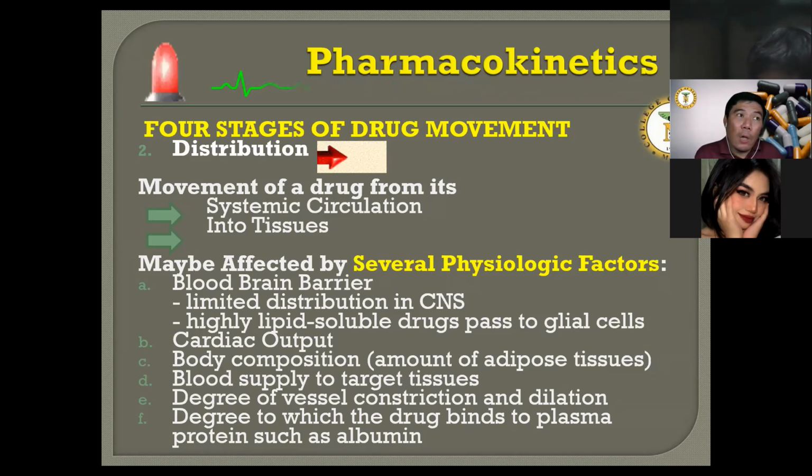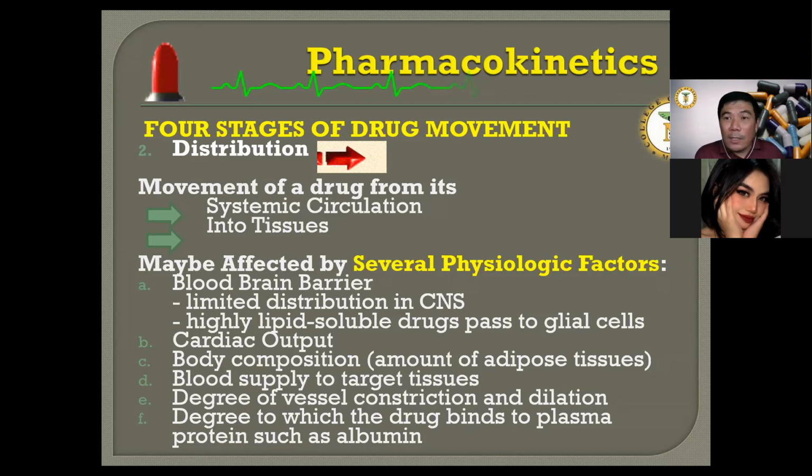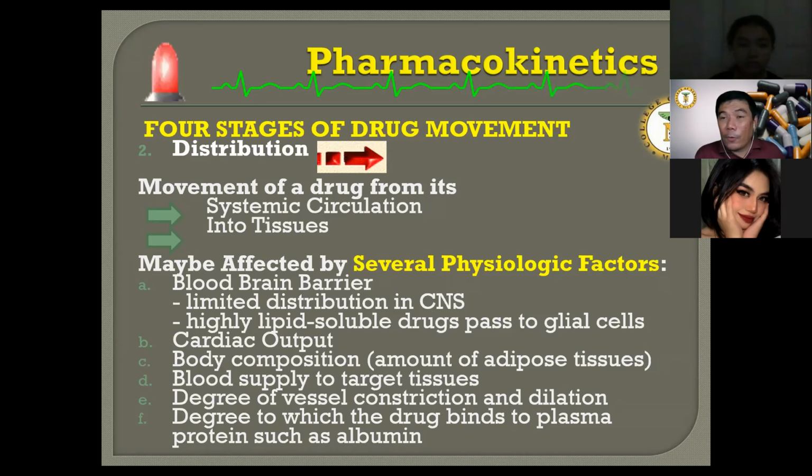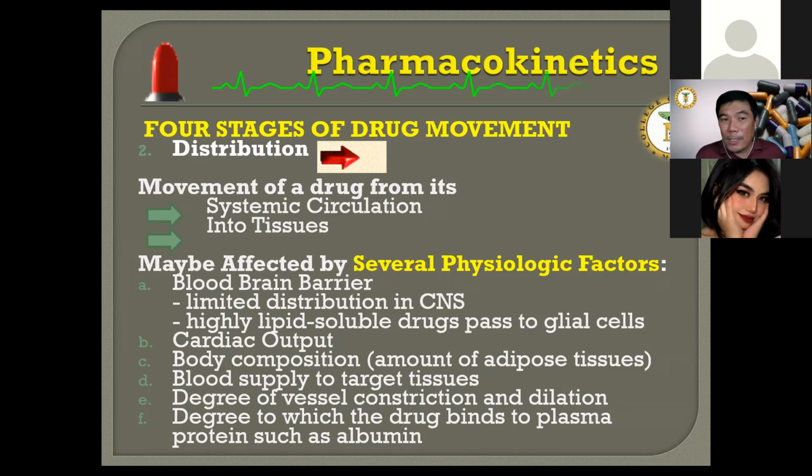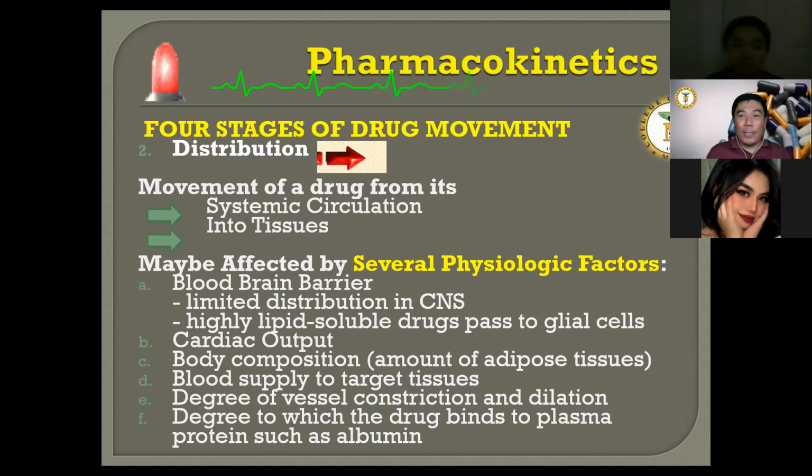So how is the brain protected? The brain is protected from any foreign body, toxins, or any harmful substances through what we call the BBB. What is BBB? Blood-brain barrier.